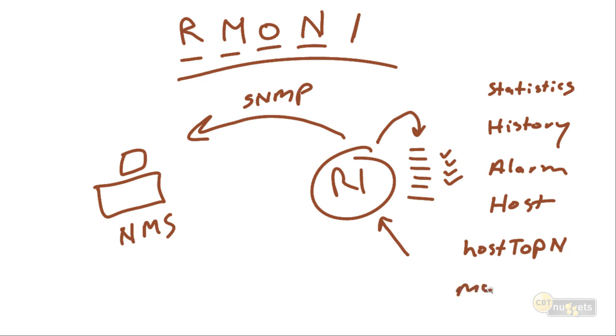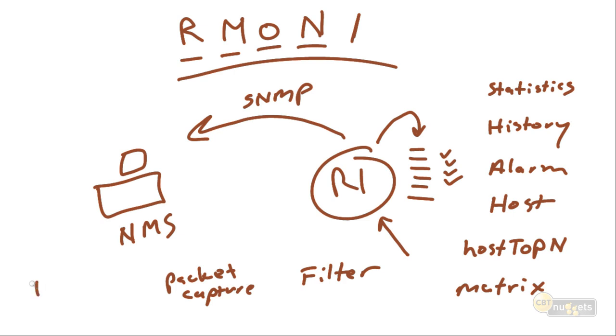There was a matrix category defined for conversions between sets of two different addresses. There was a filter category defined for rules for certain types of data packet filters, and then a packet capture category. And the packet capture category was literally for capturing data packets that match a specific set of rules that we have in a filter.